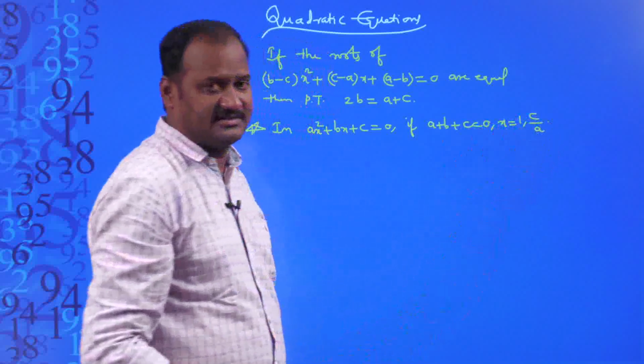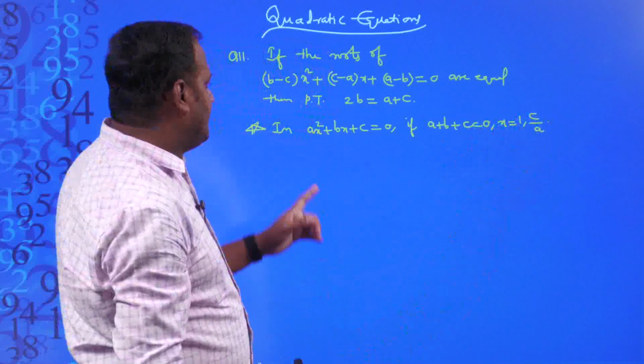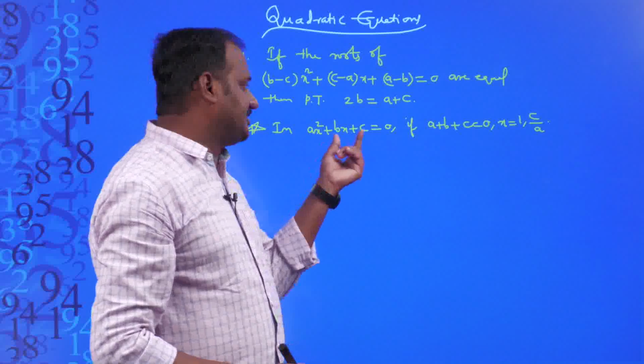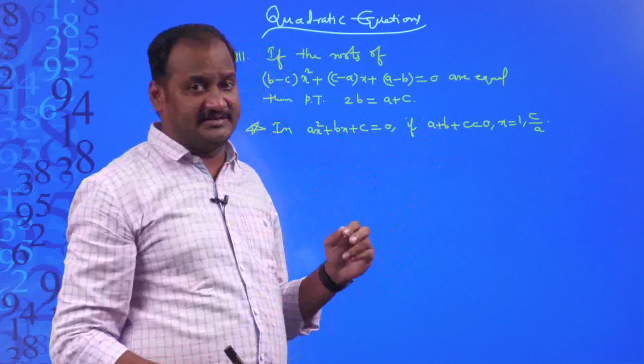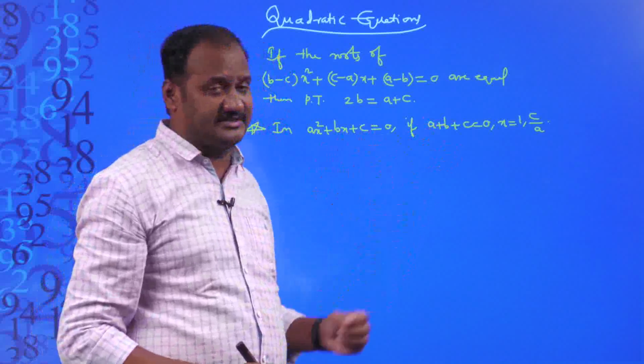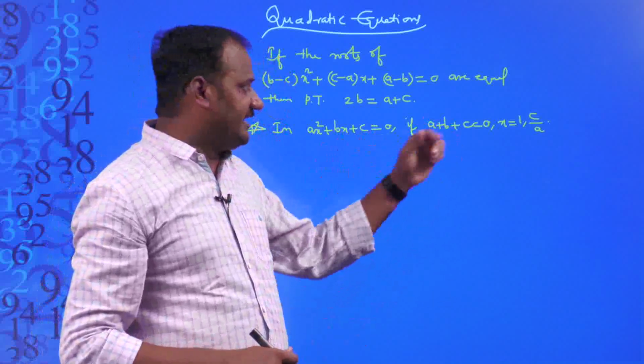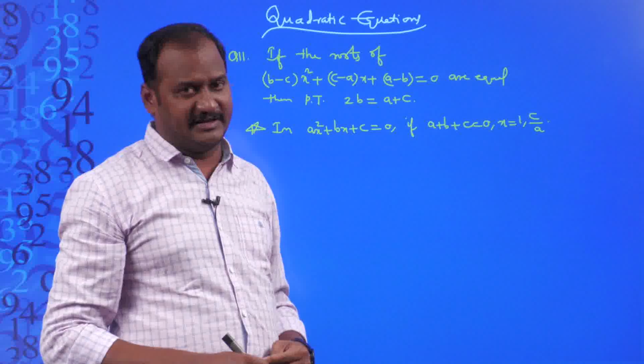Have you remembered this? Correct. In any quadratic equation, ax square plus bx plus c equal to 0, if a plus b plus c equal to 0, means sum of the coefficients is equal to 0, directly you can say that the roots are 1 comma c by a.